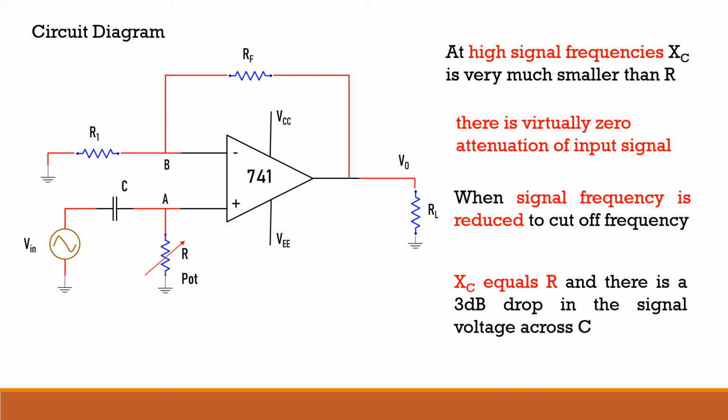Further, for low signal frequencies, the capacitive reactance will be very high. When the capacitive reactance is very high, it acts as an open circuit, and the input signals are not allowed to flow into the op-amp input terminal. So all signals at low frequencies are blocked. This is how a high pass filter works.